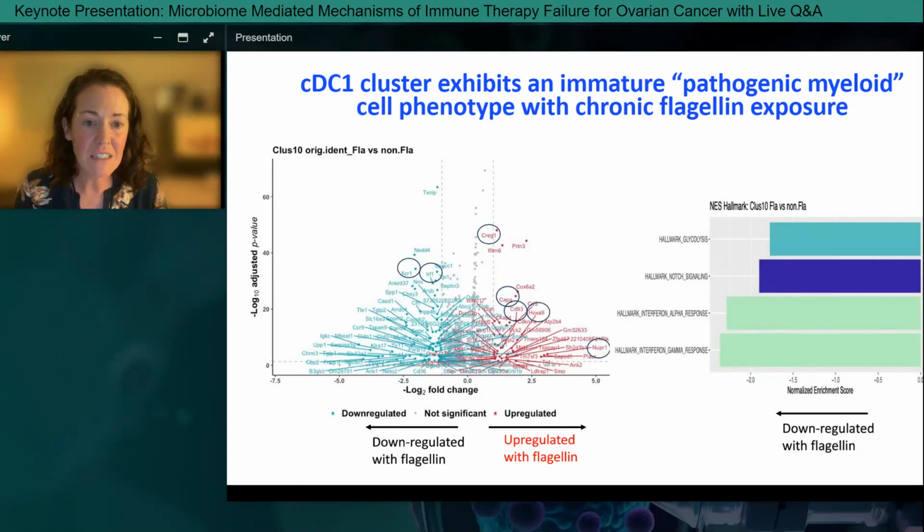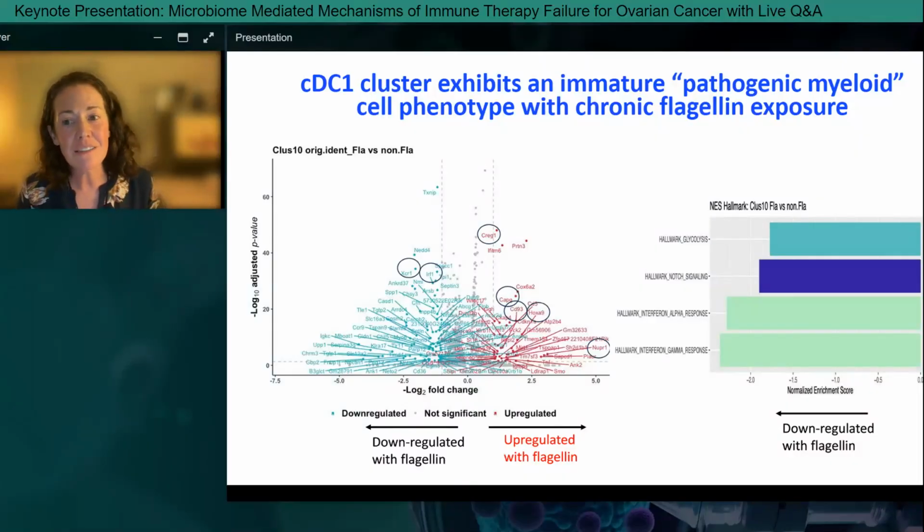We find the upregulation of genes that are associated with more immature, metabolically pathogenic myeloid cells. On the other hand, we see downregulation of genes associated with cDC functions, such as XCR1 and IRF1. And if you look at the pathway analysis, multiple pathways are downregulated with this chronic flagellin exposure, again, that associate with a more mature and competent cell type.